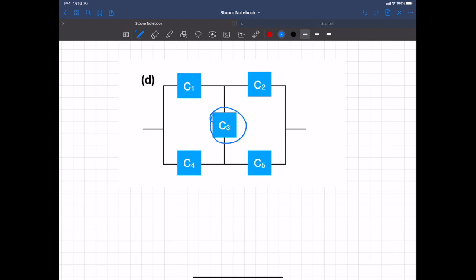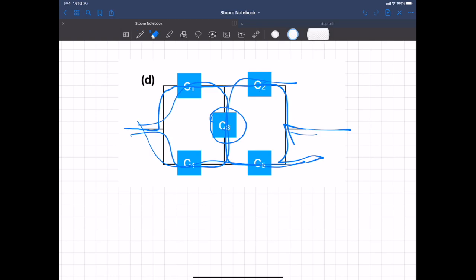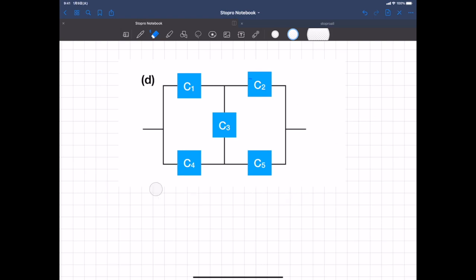When every component is working fine, the system can go this way, or this way, or this way, or this way. So there can be many ways the work can be done. How can we calculate the reliability of this system? Obviously, the key is this component.